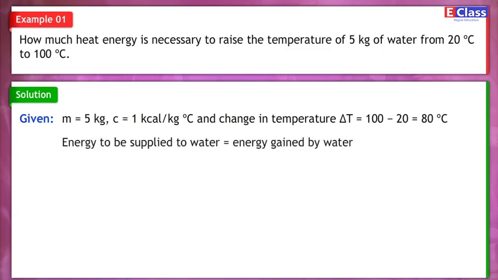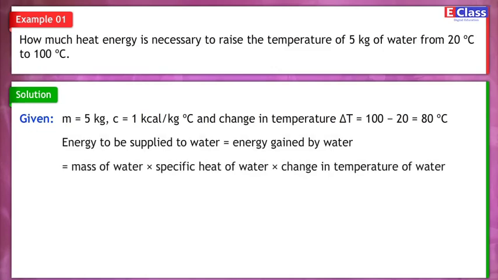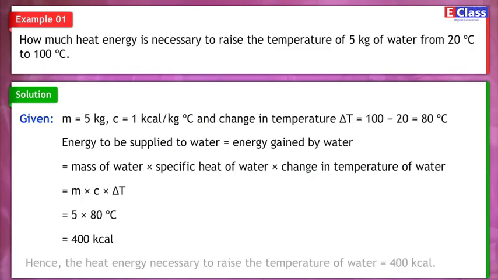Energy to be supplied to water = energy gained by water = mass of water × specific heat of water × change in temperature of water = m × c × ΔT = 5 × 80 = 400 kcal. Hence, the heat energy necessary to raise the temperature of water is 400 kcal.